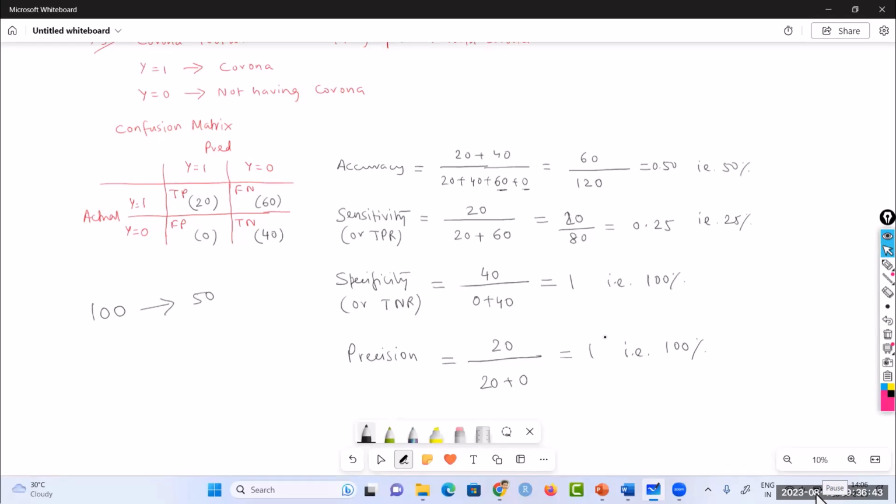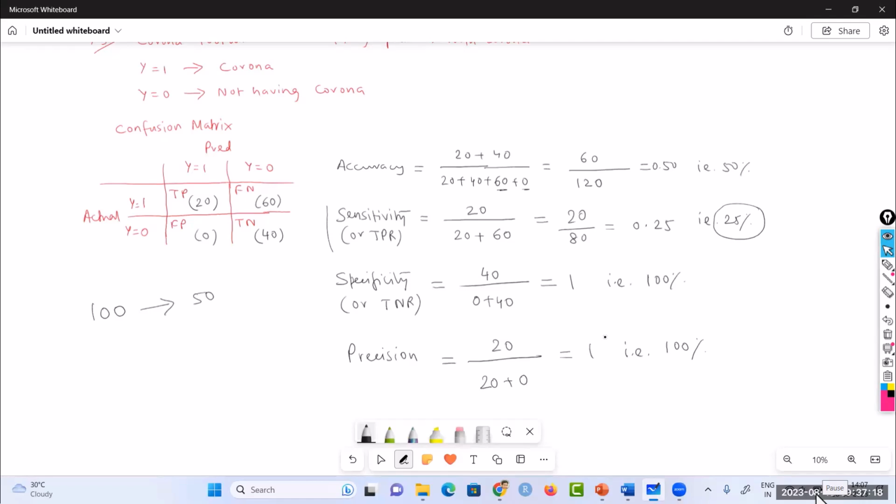Now coming to this sensitivity part, that means true positive rate. Out of patients who are actually having corona, how many are predicted as having corona by my corona toolkit? That is only 25%.